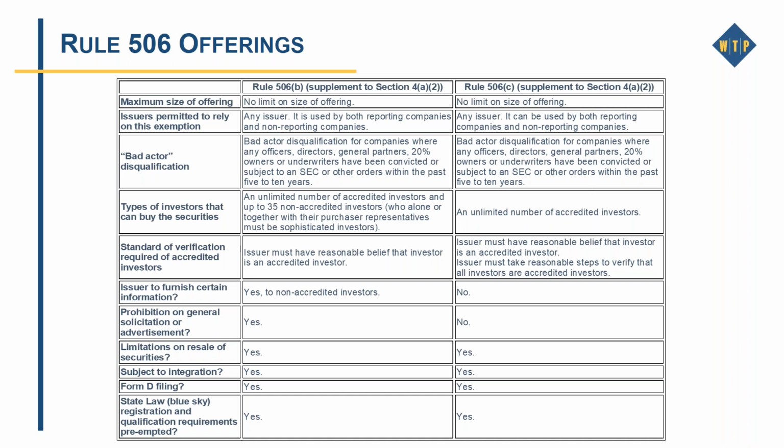So an example is, you can't have your uncle who makes minimum wage simply sign a piece of paper that says, yeah, I'm accredited, and rely on that. You don't have a reasonable belief. But if you are working with someone, you don't have intimate knowledge about who they are, what they do, but you've got no reason to believe that they don't have the financial wherewithal to be an accredited investor, and they so certify to that, you're usually in pretty good shape.